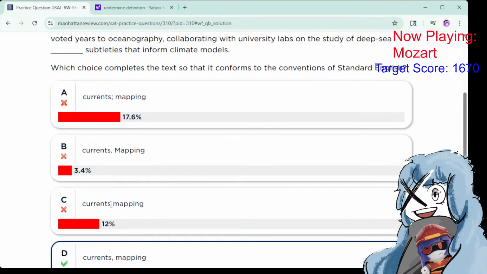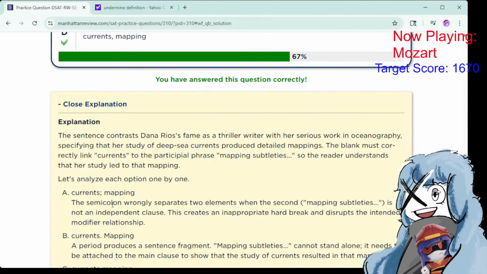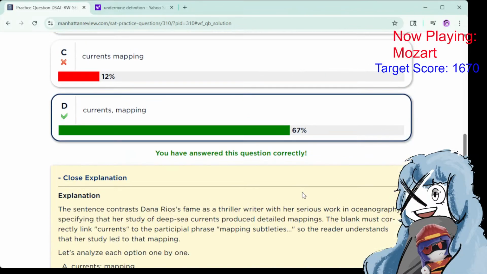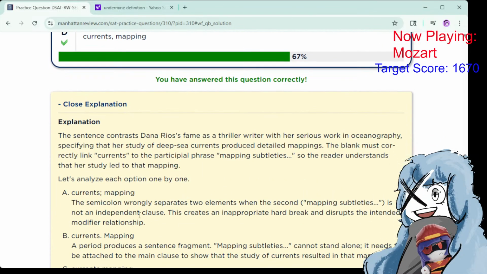It requires some sort of punctuation here. Let's see, it's right. Happy man with no punctuation. The rest reads as if the person themselves are doing the mapping, misplacing the modifier, confusing the agency. It fails to signal the reader to the mapping. This is about independent classes. Yeah, independent class and independent classes.